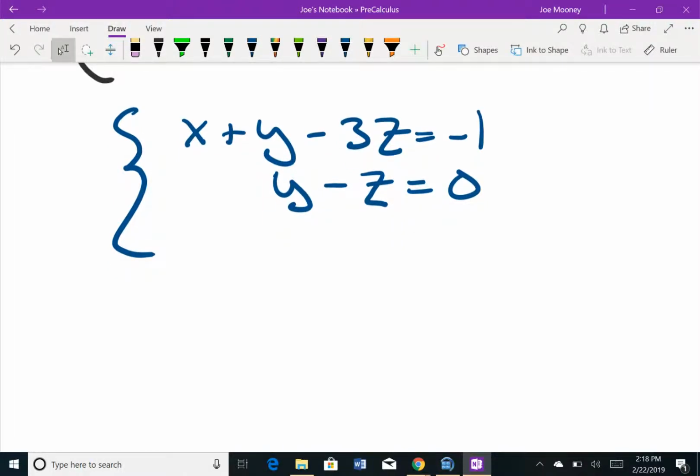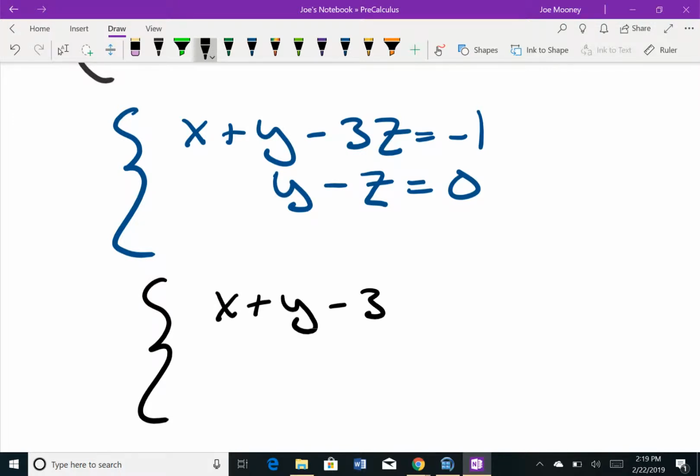Well, if y minus z is nothing, what must y equal? Y equals z. Y has to equal z, right? So now you've got x plus y minus 3z equals -1, and y is equal to z.